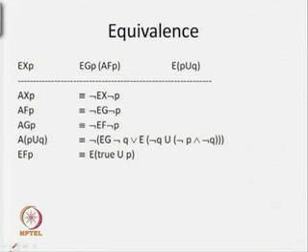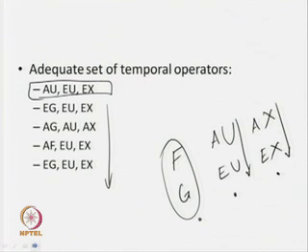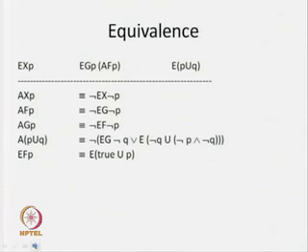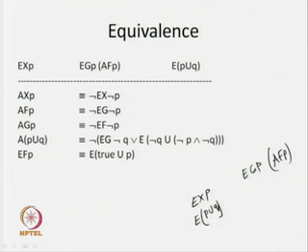Out of these, I am going to consider one and explain how we are going to see this. Either I take the adequate set of operators: EX p, the next operator, EU, E p until q, and the third operator either EG p, there exists a path along which globally p holds, or maybe AF p, because I know that E is the dual of A, G is the dual of F. I can take either this one or this.